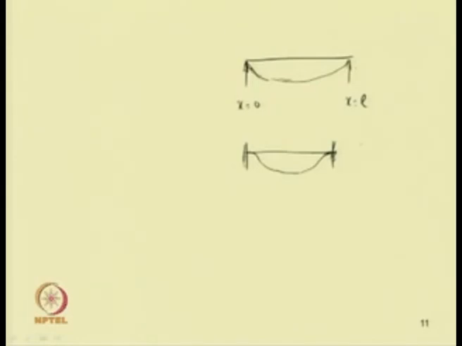Similarly, for the clamped beam, for this fixed beam, both displacement and slope are 0 in this case. In the simply supported case, displacement and bending moment are 0.